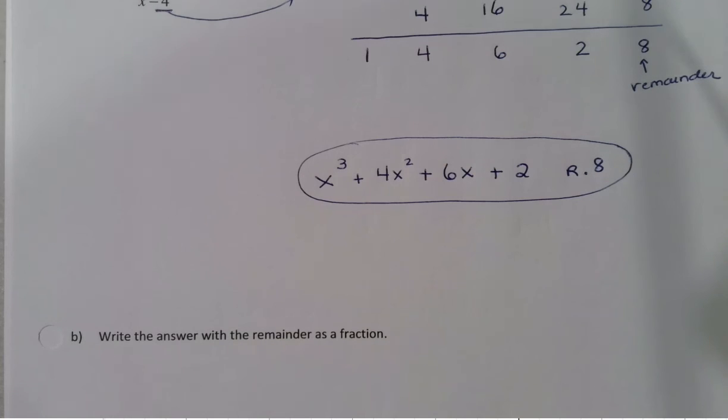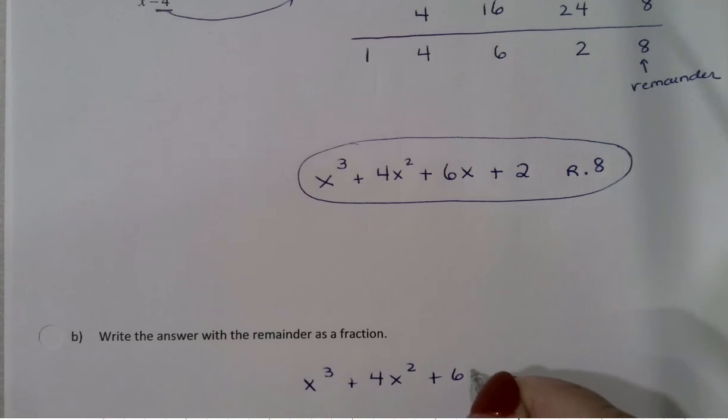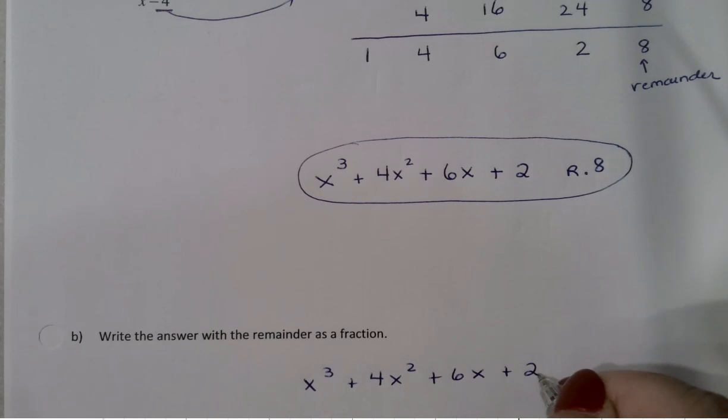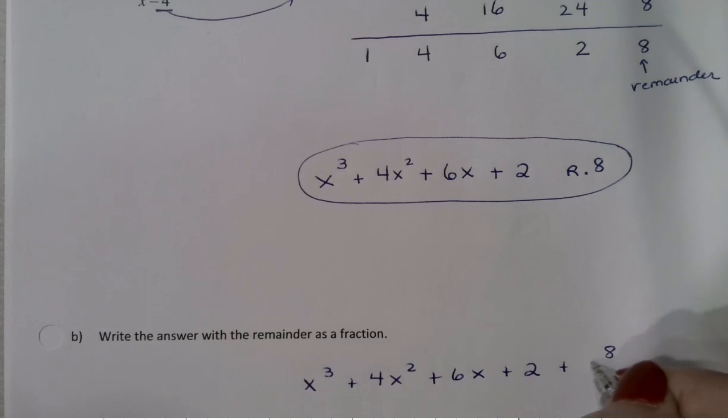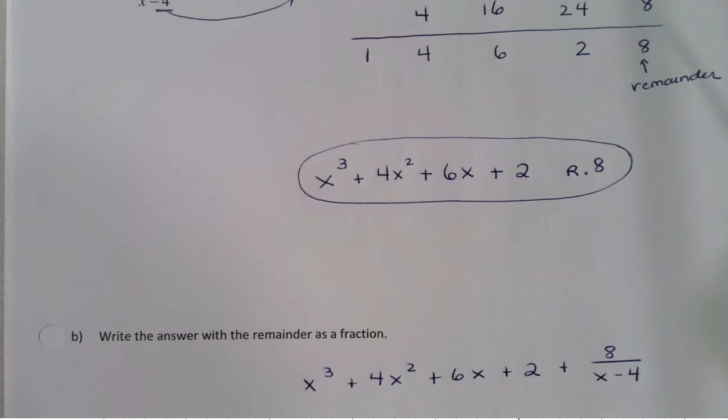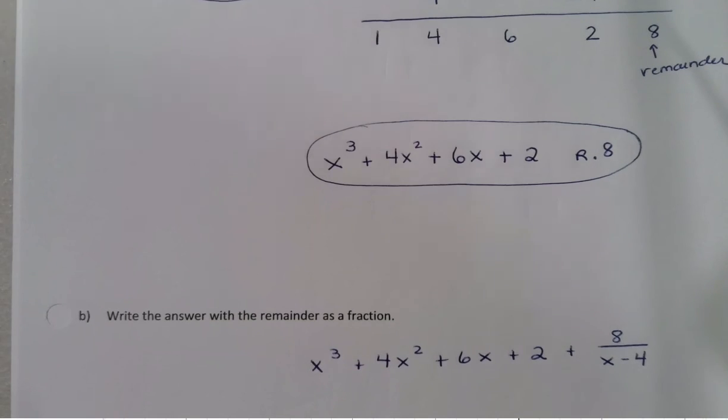I could write the remainder in a fraction form, just by writing x cubed plus 4x squared plus 6x plus 2 plus 8 over the original divisor, x minus 4. All right, so there's your polynomial division.